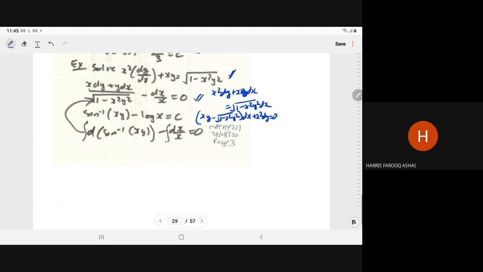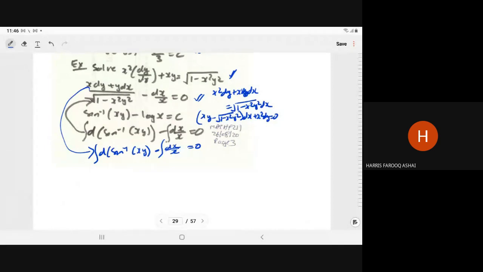This can be written as d of sine inverse of xy minus dx upon x is equal to 0. Now you integrate on both sides. So you will get sine inverse xy minus log of x is equal to c. So that is your answer.